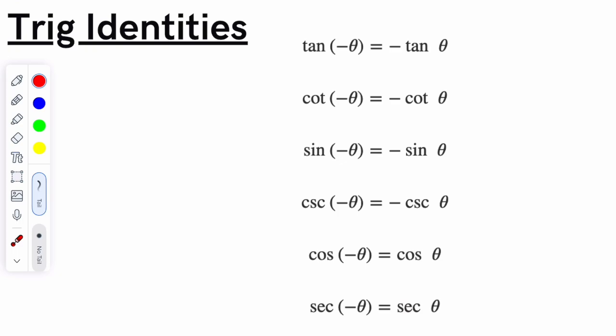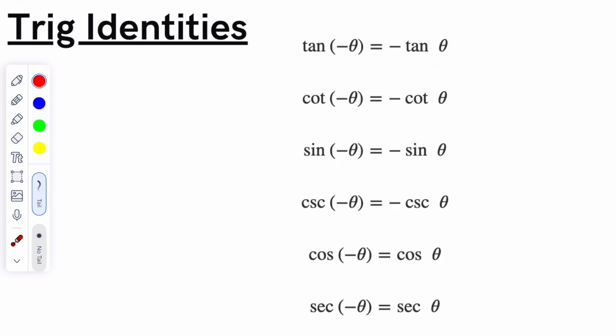The key thing here is basically that whenever you've got tan or sine and their inverses, if you've got a negative theta as the input, it's going to equal the negative of the function. So negative theta, you can take out the negative here.